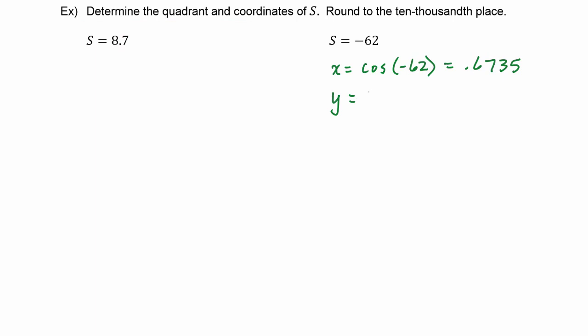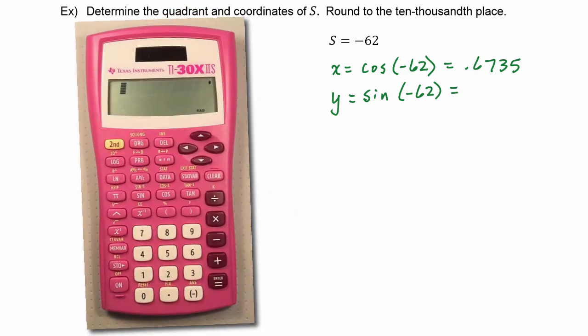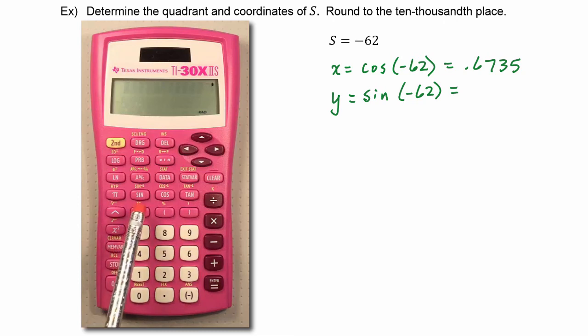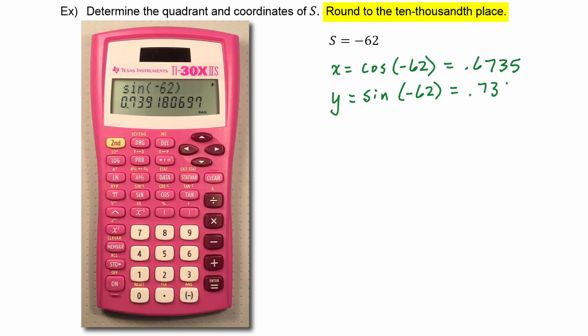The y value is going to be sine of negative 62. So we enter that in our calculators. We do sine, negative 62, close the parenthesis, hit enter, and rounding to the 10,000ths place, we're going to get 0.7392.